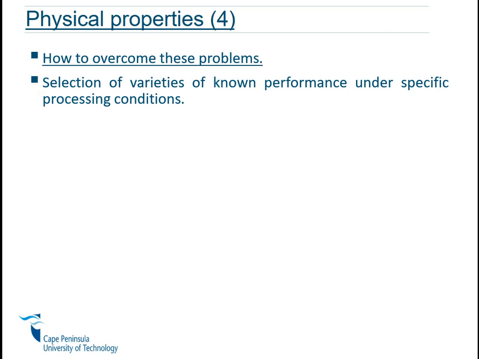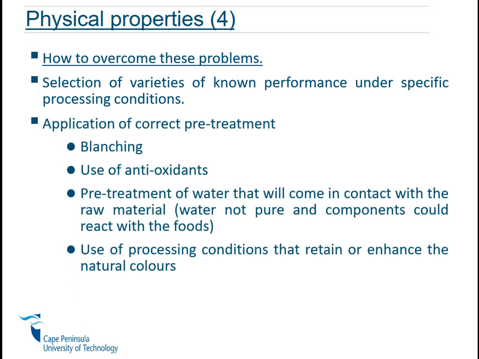If you are going to can the product, how does the variety, your potato, perform in canning? How does it perform if it's heated up to 100 degrees, 120 degrees? Are there any reactions? Is there any change in color? Right? And the application of the correct pre-treatment. So we need to apply the correct pre-treatment to your raw materials.